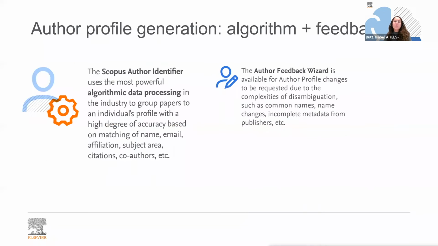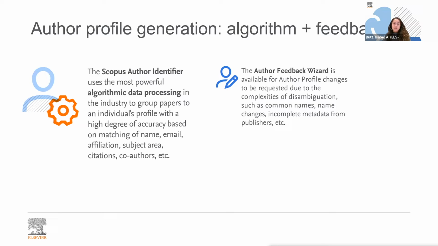So how do we address all of these challenges? Well, we use two main approaches. We've got a super powerful algorithm, which groups papers to a profile with a high degree of accuracy based on matching the name, email, affiliation, subject area, citations, and co-authors. And it really benefits from accurate citation links and the institution profiles that we've got in Scopus.